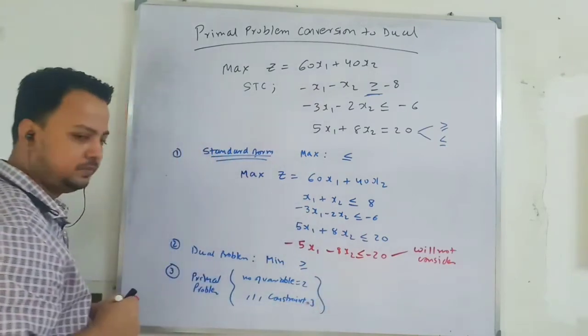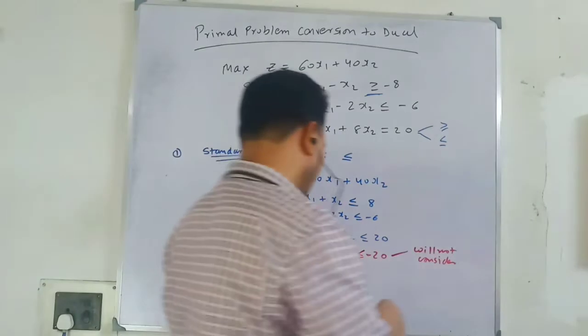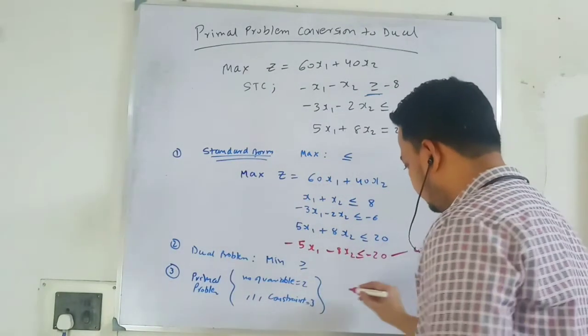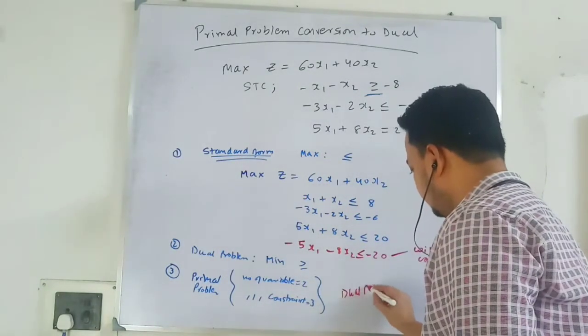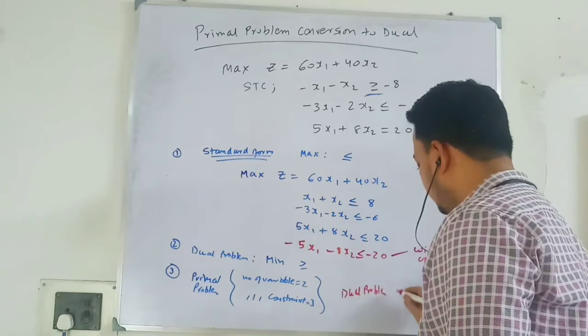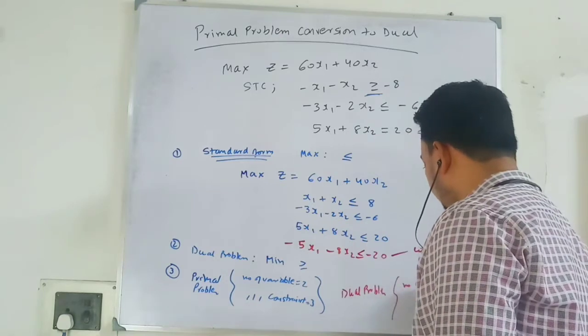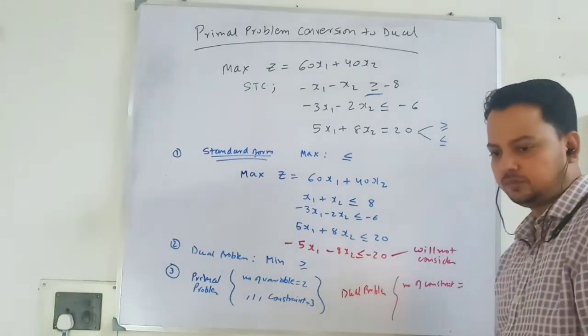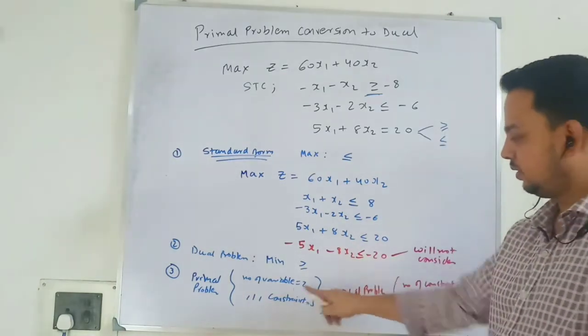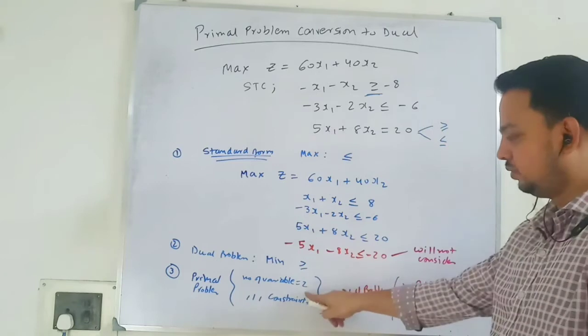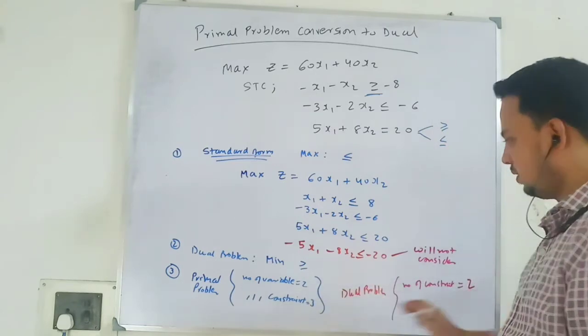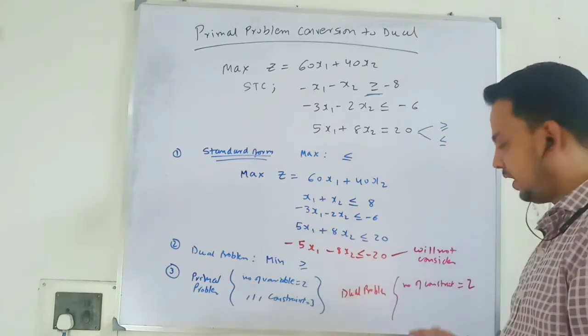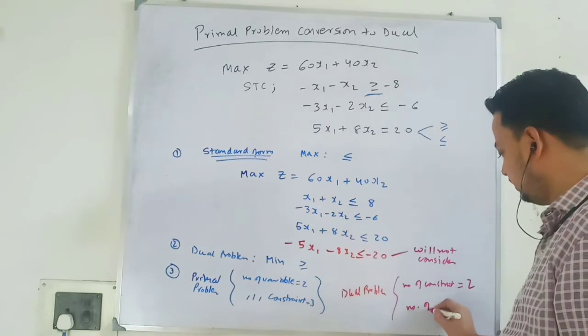So in the dual problem, okay, number of constant will be how many? Number of constant will be 2, and number of variable will be 3.